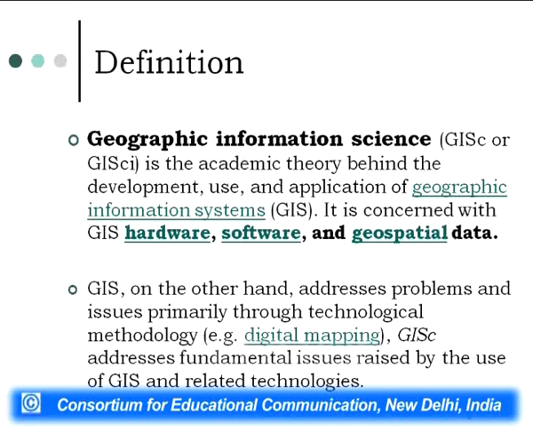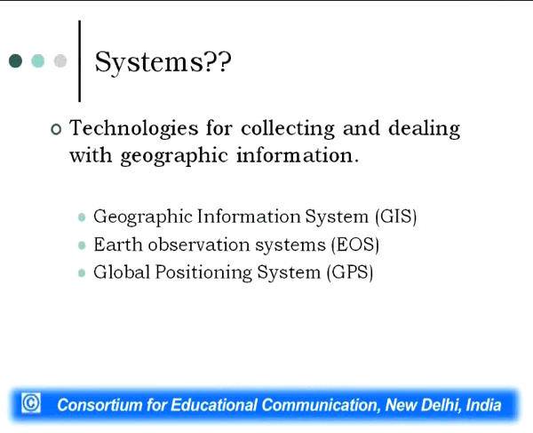One of the systems is what we were just discussing, the geographical information system. It is concerned with GIS hardware, software, and the geospatial data. GIS, on the other hand, addresses problems and issues primarily through technological methodology, and GI science addresses fundamental issues raised by the use of GIS and the related technologies.